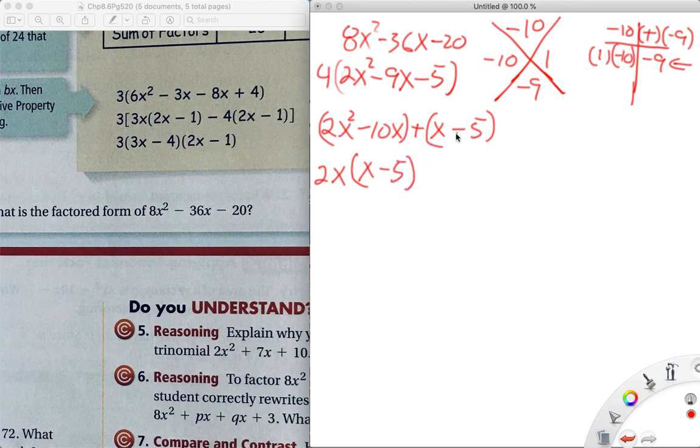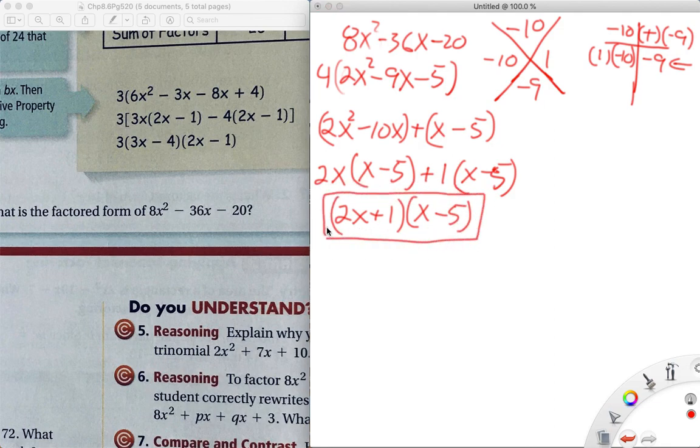Here I can't really factor out anything, so we can pull out a 1. So we basically put a 1 here, and 1 times x minus 5. Remember, anything can be multiplied by 1. So 1 times x minus 5, 2x times x minus 5, they can factor out the x minus 5 and say that it's 2x plus 1 times the difference of x and 5.